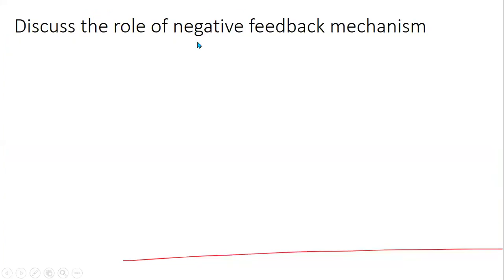Then one of the objectives, we are required to discuss the role of negative feedback mechanism in homeostasis. And I'm glad at the beginning, I think it was Monica, who gave us the difference between a negative feedback and positive feedback.